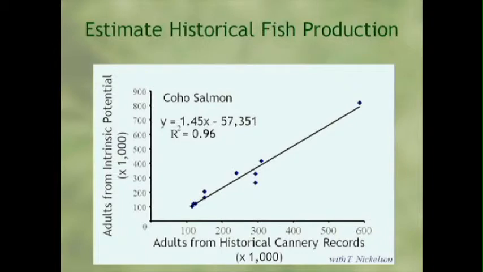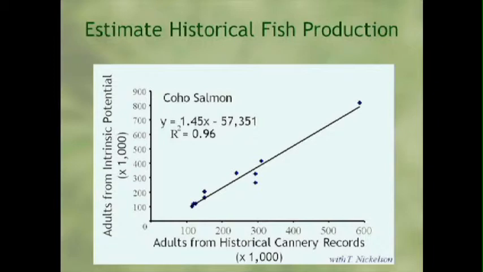Another way in which the models have been used is estimating historical fish production. So intrinsic potential was used to estimate the number of adults returning to basins, and this was done as part of the technical recovery team efforts for coastal coho salmon.